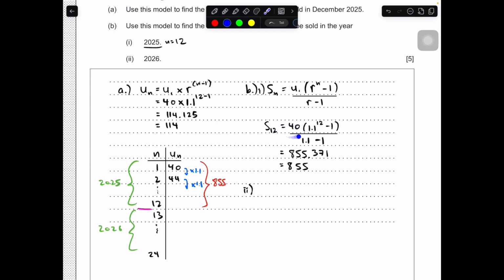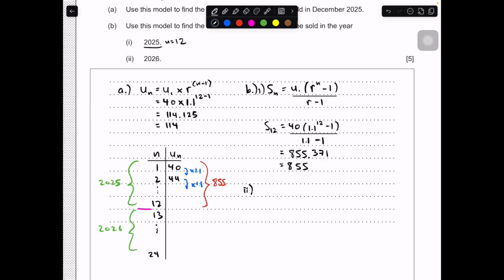So we can use this not to find the 13th to the 24th term directly, but we can use this to find the sum of the first 24 terms. That is to say the first 2 years. And if we know how much was sold in the first year, then we can just subtract that, and the rest must be made up of what we sold in the second year.